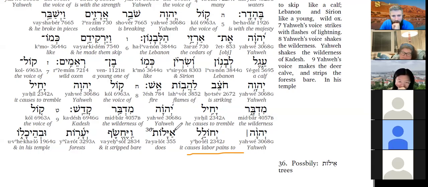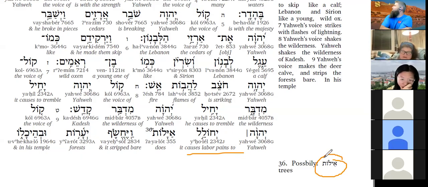Ayelot. Here we've got an ayelet. What is an ayelet? It's a deer. A doe. But then again, I found that there is, BHS maybe, a secondary reading here, elot, which would refer to oak trees. Yeah.